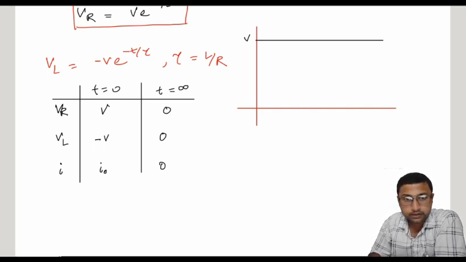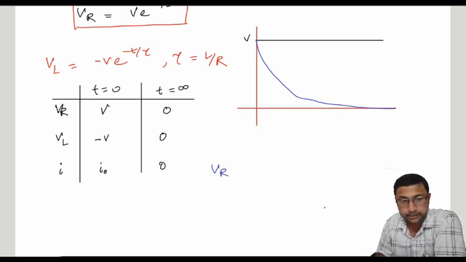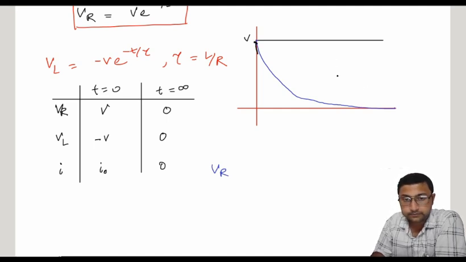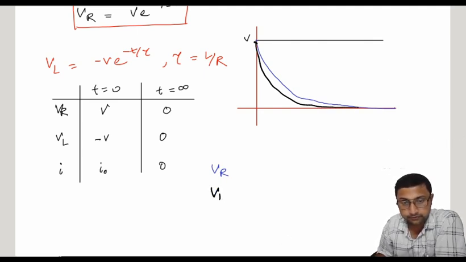If we take the blue color, the blue one represents the value of VR. Again VL, the green one, starts from minus V, and it will go downwards. So it is VL.